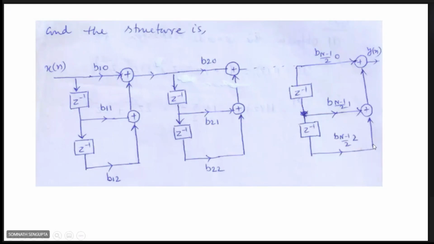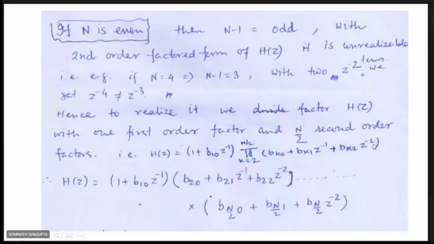Now another case is when n is even. In that case, there will be a slight problem: n minus 1 is odd. So what we do is take one power of z outside the whole expression.